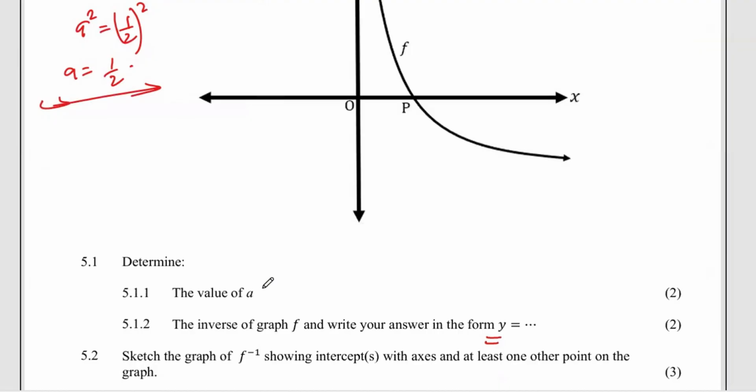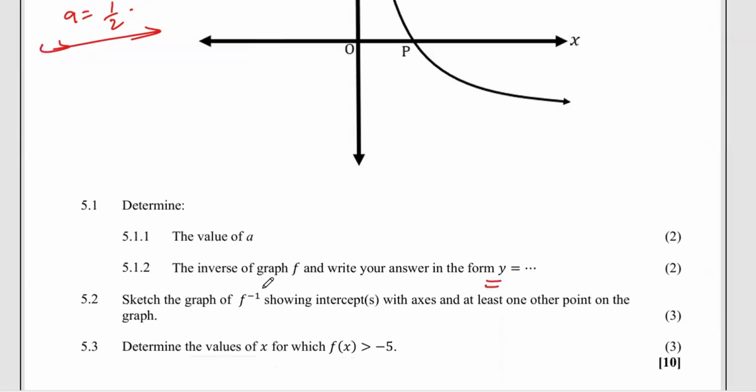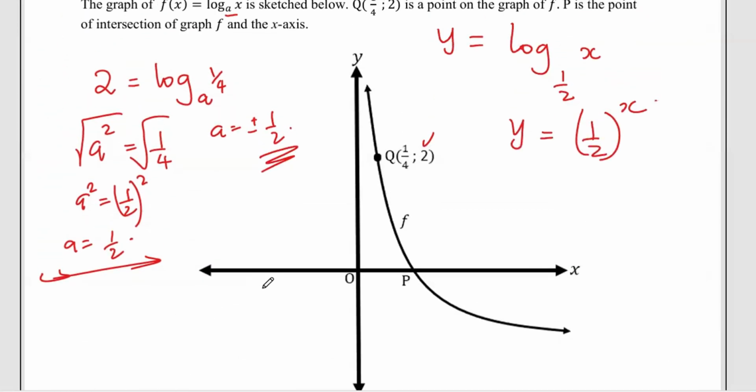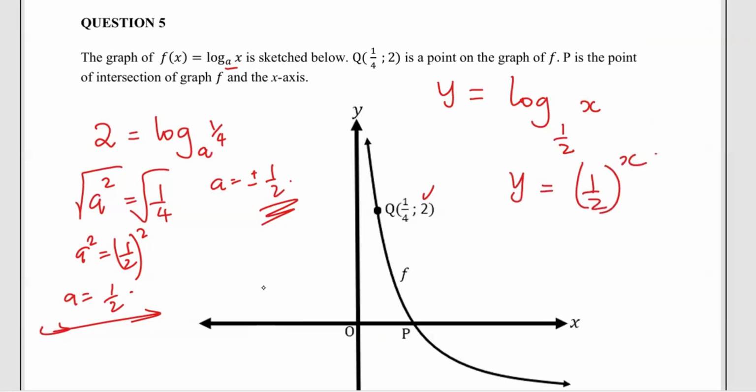5.2, they want us to sketch this inverse, and we must show at least 1 point. Now, initially, if y is 0, what would be the x?